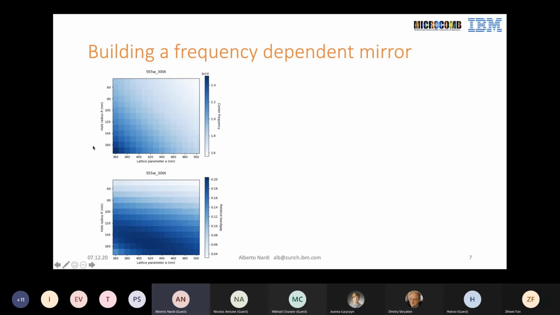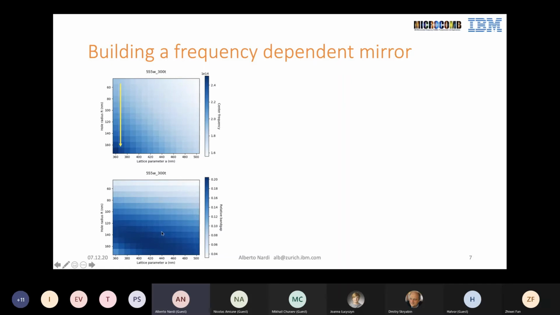At the same time, we want to make an adiabatic mirror. We want to come from a situation where the band gap is very small in the beginning, such that it's similar to the waveguide part that we have in the cavity, and then it becomes larger and larger.